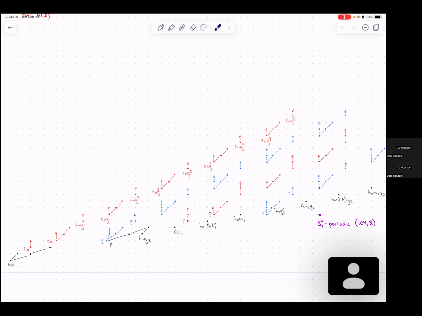Just like A(2), each page is periodic. This is 104 periodic, because that's what happens when you double it correctly. And so then these 4 stripes of ko, then there's just 4 more, and then there's the delta 1 to the 4th multiples and so forth. So there's really those stripes.